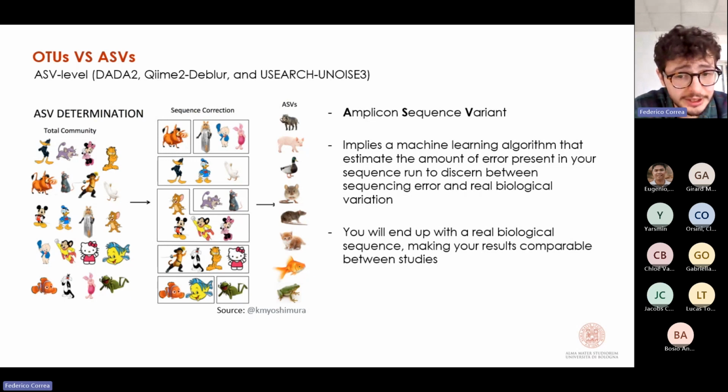What you do here, this pipeline that creates ASVs, estimates the amount of error that is present in your sequencing and corrects the sequences to align with biological sequences. So at the end of the day, you have a clearer picture of what you have, and the results obtained in your study are completely comparable with other studies.